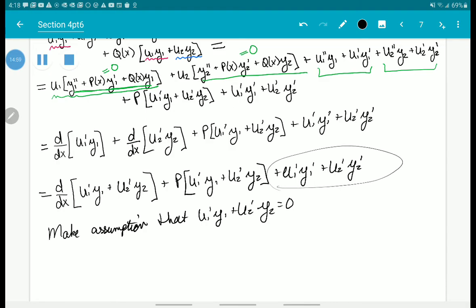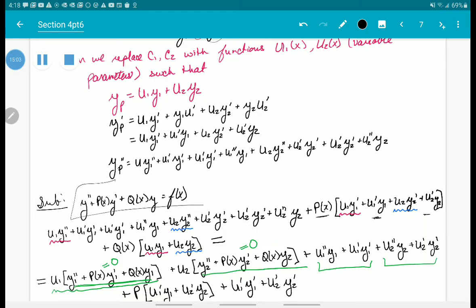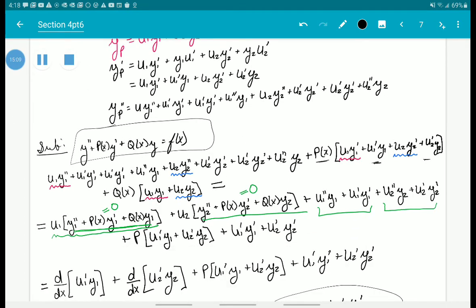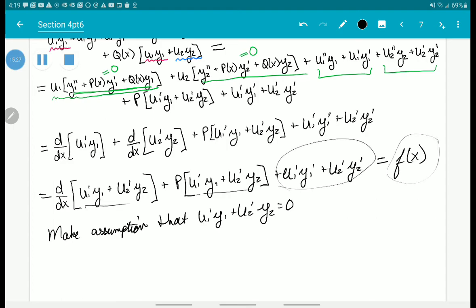Now remember, we said in the beginning that second order derivative can be written that way, and then we just made substitutions for y double prime and y prime here. So in the end, all of this is equal to just f of x, which means this guy is now equal to f of x. And if this is 0 and this is 0, then it stands to reason that this would have to be equal to f of x.